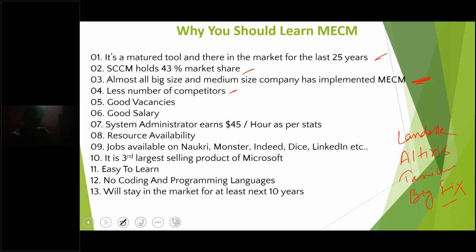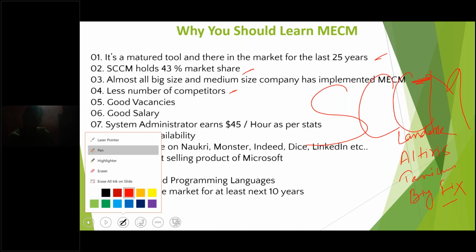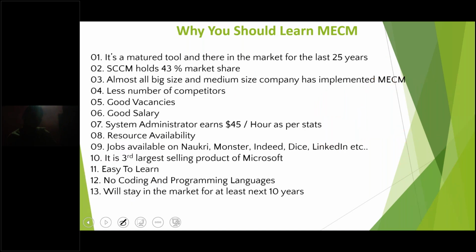These are competitors of SCCM, but these are tiny competitors. SCCM is like a giant in front of these tiny competitors. It is a giant. Why? Because it is available in almost all big size and medium size companies. So, less number of competitors.